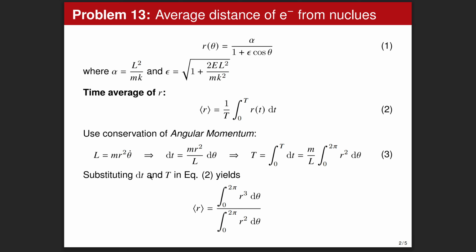So substituting everything in equation number 2 will yield the average distance of the electron from the nucleus in terms of theta. In the numerator we have the integral which has r raised to power 3, and in the denominator we have the integral which has r raised to power 2. So let's call them I3 and I2.